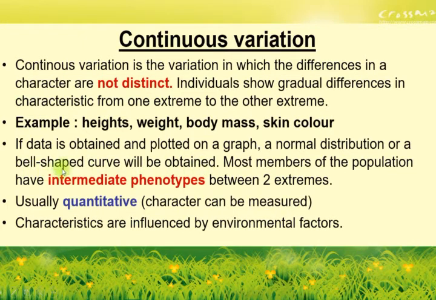So most members of the population have intermediate phenotypes. What is a phenotype? It refers to the observable characters or physical appearance. So in continuous variation, most of the members in the population have intermediate phenotypes between the two extremes. Later we will look at the graph.